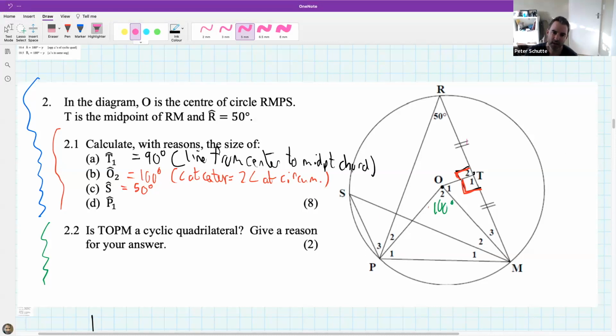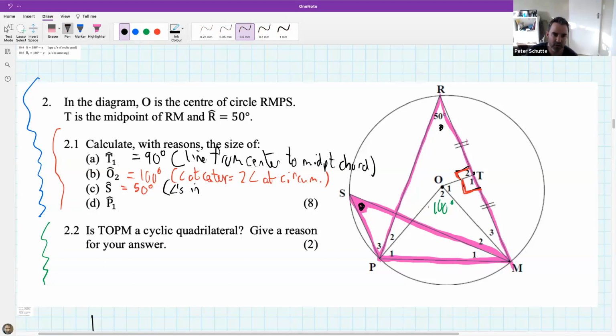It's a little bit hidden, but if you imagine that one over there, normally the butterfly's wings are roughly equal, but in this case, you can kind of see that this relationship here and this one here, S is going to be 50. And the reason we should use is angles in same segment. And so that would be 50.